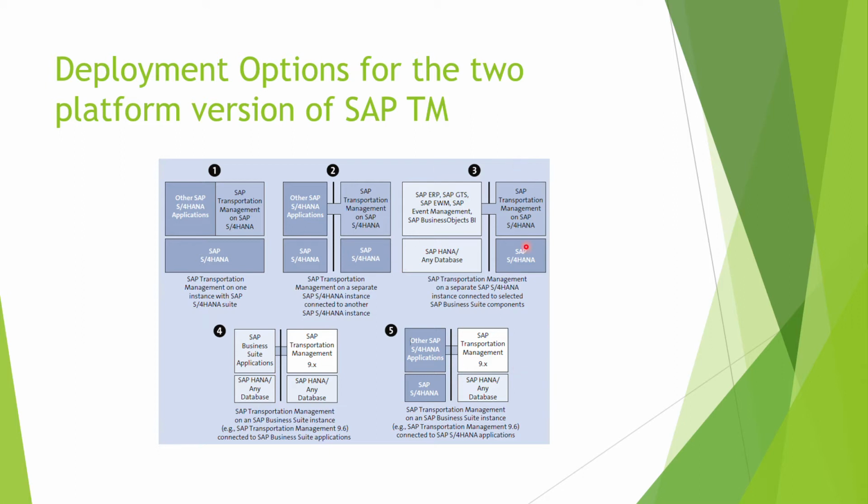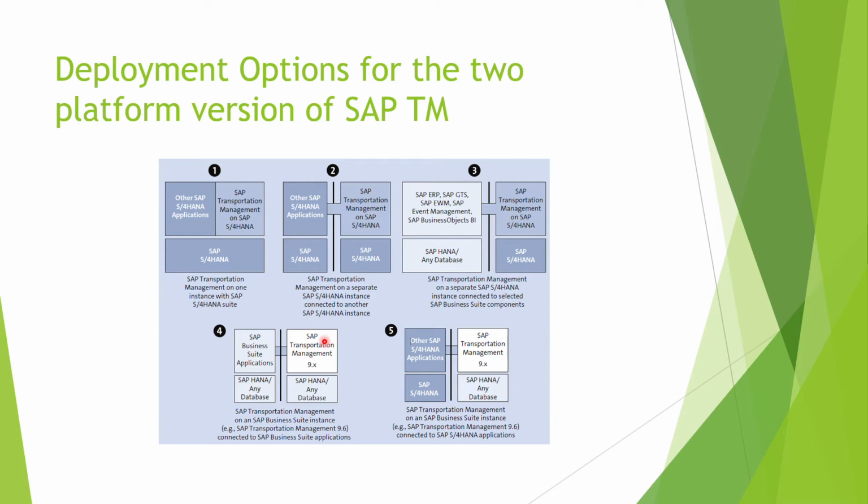You can still communicate with the ECC box, ERP or SAP GTS, EWM, whatever. So this type of offering can be done. But I haven't seen any customer whose core components are in ECC and the TM is in S4 HANA. But that is something which is still offered. If the customer wants, they can do it.